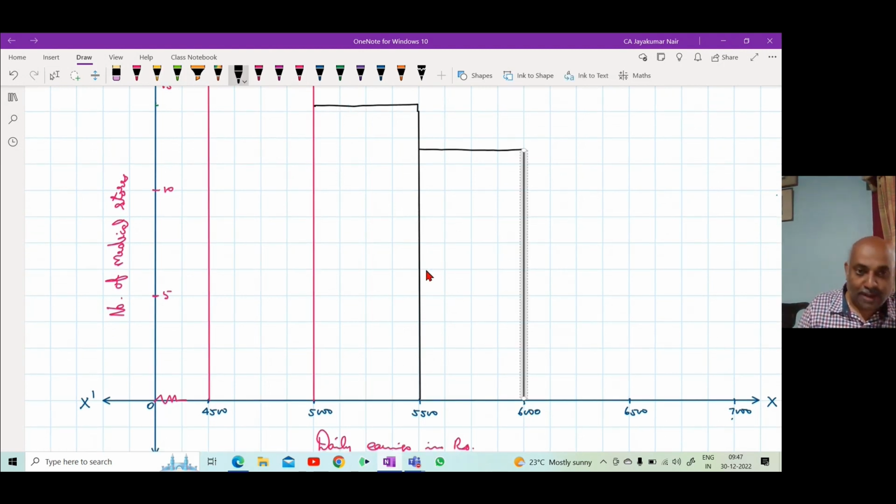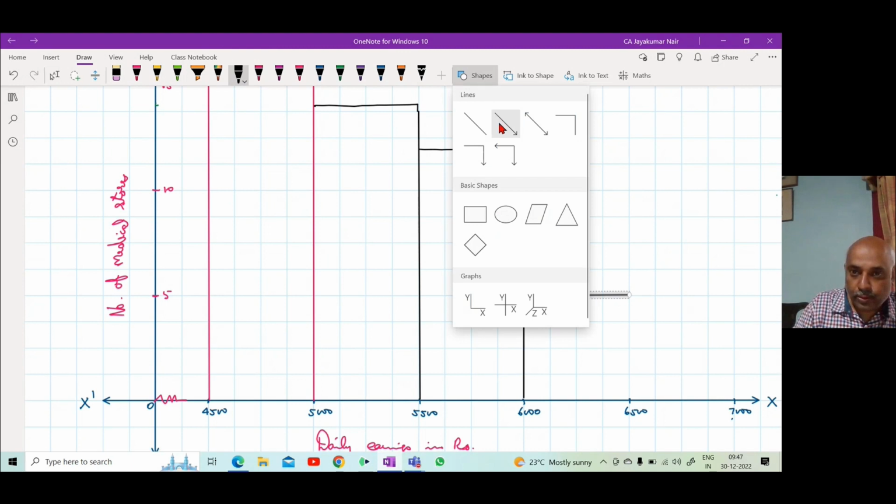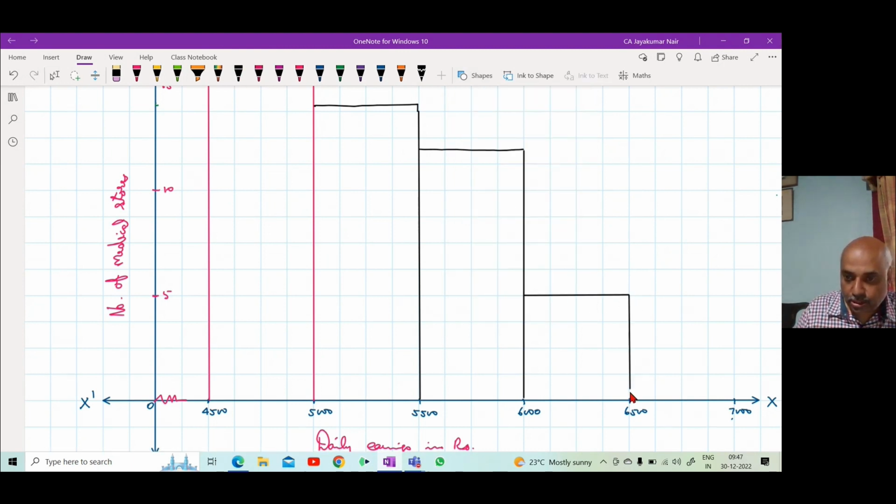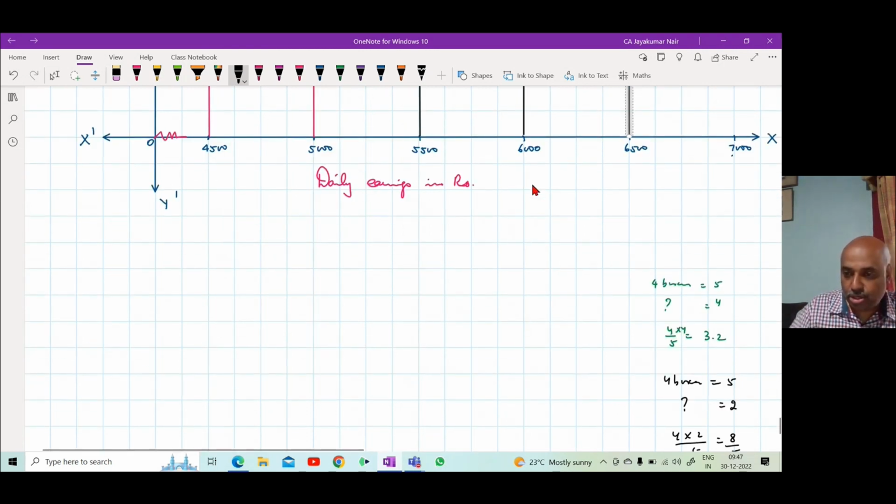Next one, 5 boxes, 5 units. Next is 3. So 3 will be how much? So again, 4 boxes is equal to 5. So 3 boxes, how many?